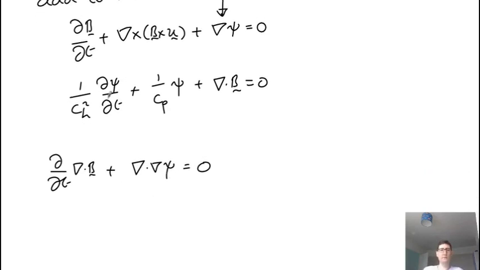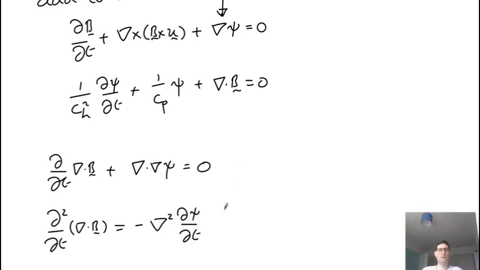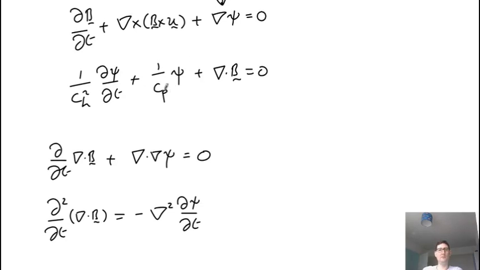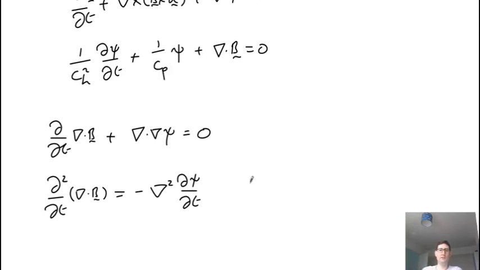So I want to substitute this into here, so we take the second derivative of this equation. Now, if we ignore this term to start with, so we just have CP goes to infinity, then we have this term. We just substitute into there.